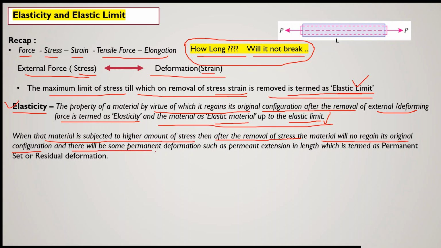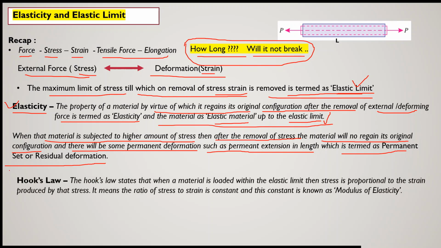That means there will be some permanent deformation. After removal of the stress, strain will not become zero. Stress may become zero, but strain will not become zero. There is a permanent extension in the body. Such permanent extension in length is termed permanent set or residual deformation. Residual means the deformation remains in the body. That is the permanent set.